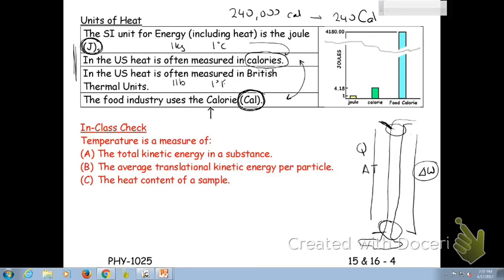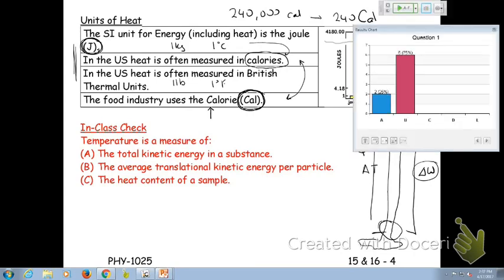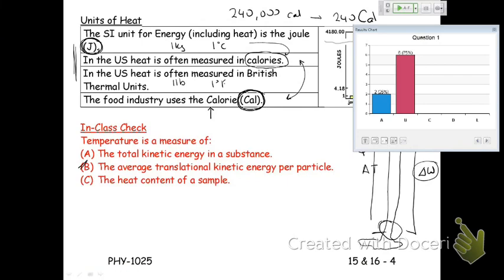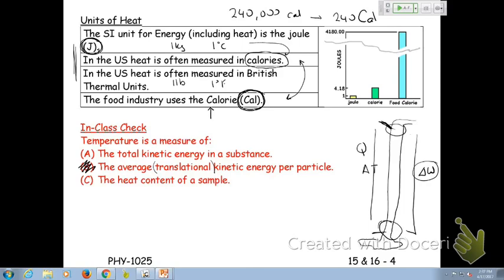Okay. So it's a measure of the average translational kinetic energy per particle. I'm not going to play a game with you and put down average kinetic energy versus average translational kinetic energy. It's just sometimes I'm being more specific than other times. So on a test, don't worry about translational or not translational. It's the average kinetic energy per particle. Okay. So that's that.